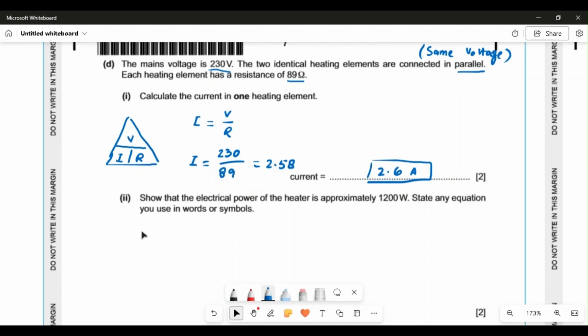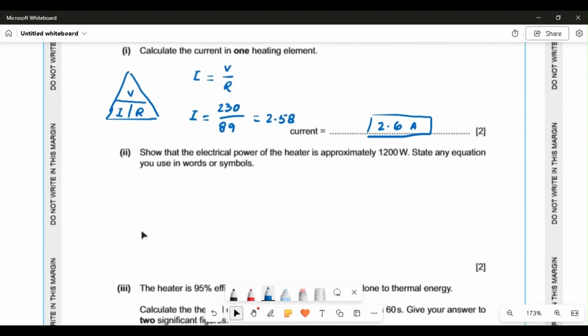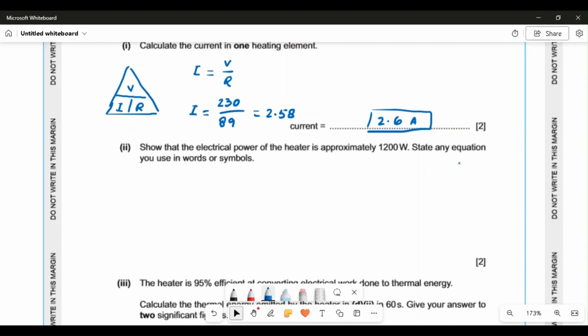Show that the electric power of the heater is approximately 1200 watt. So we have to prove it. State an equation you use in words or symbol. So we are going to find power.